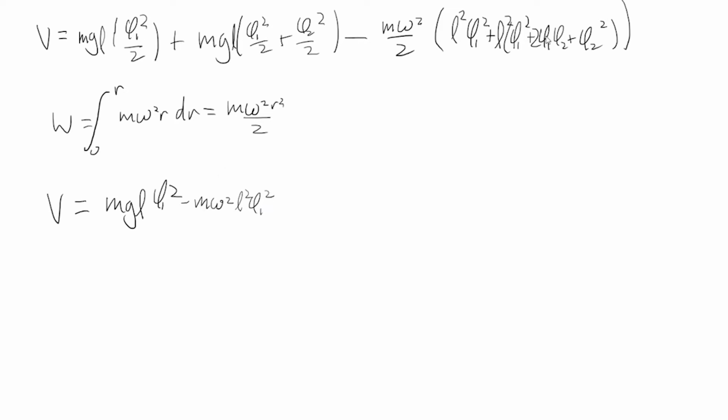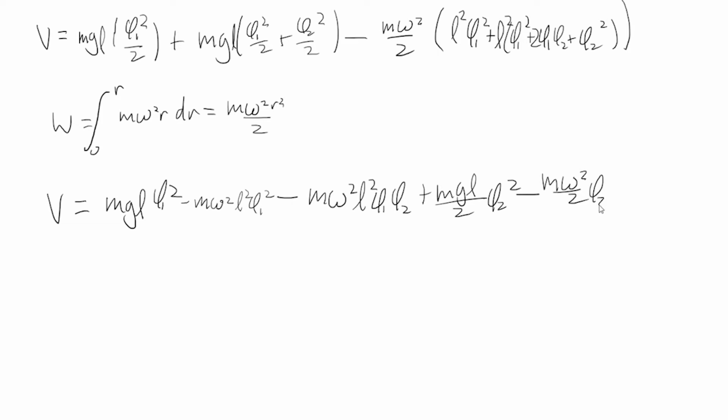And now for phi sub 1 phi sub 2, we have a minus m omega squared L squared phi sub 1 phi sub 2. And with phi sub 2, we have phi sub 2 here and phi sub 2 here, and these are both over 2. So plus mgl over 2 phi sub 2 squared minus m omega squared over 2 phi sub 2 squared.